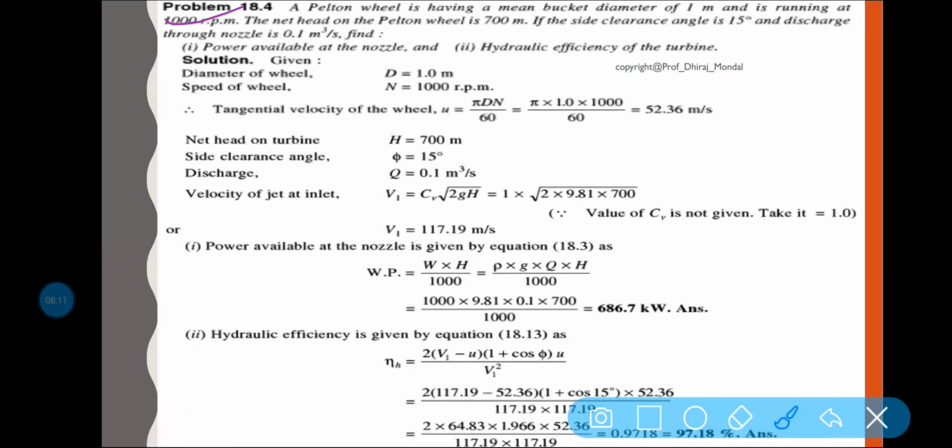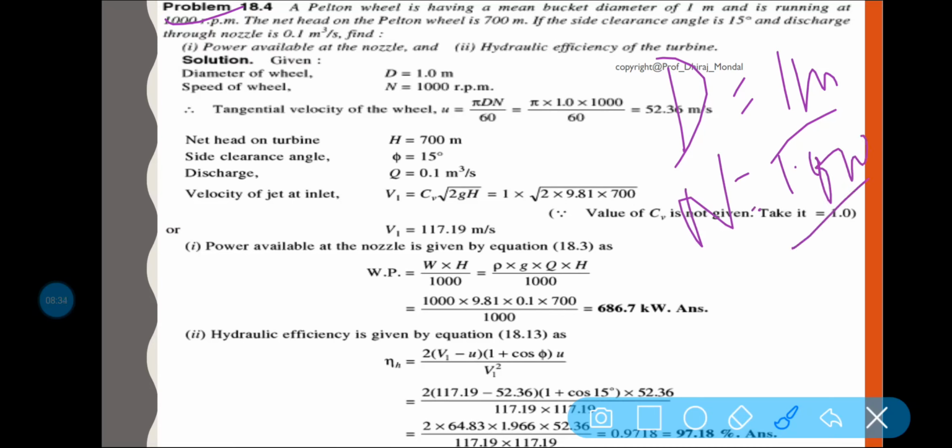Next point, 18.4. A Pelton wheel is having a mean bucket speed. So u is given, the mean bucket diameter is given, that is 1 meter, and it is running at 1000 rpm, that is N is equal to 1000 rpm. The net height on the Pelton wheel is 700 meter.